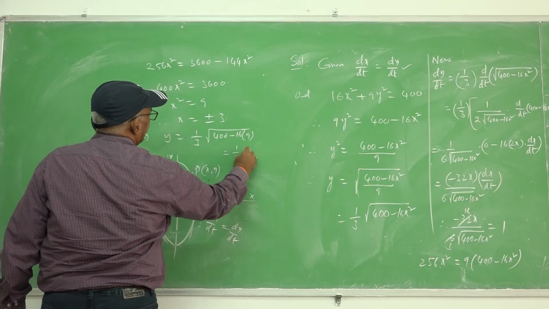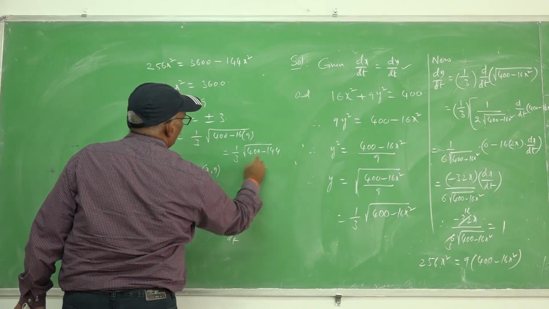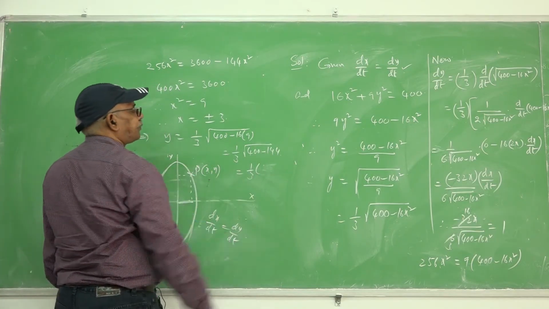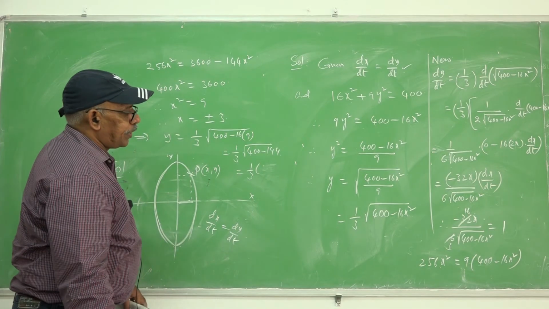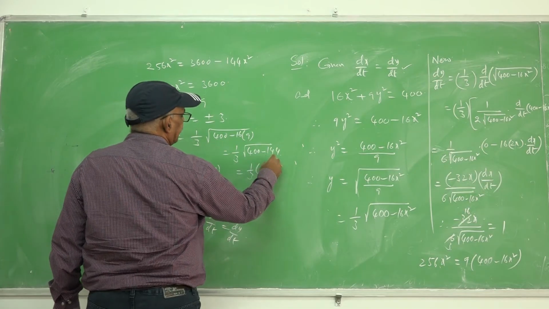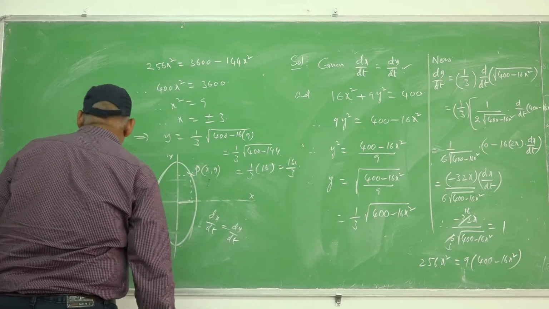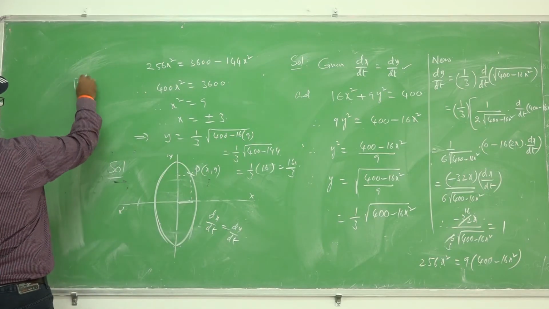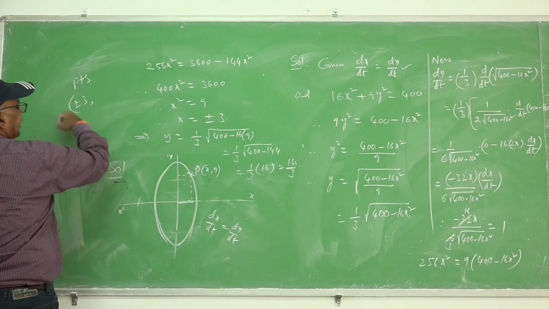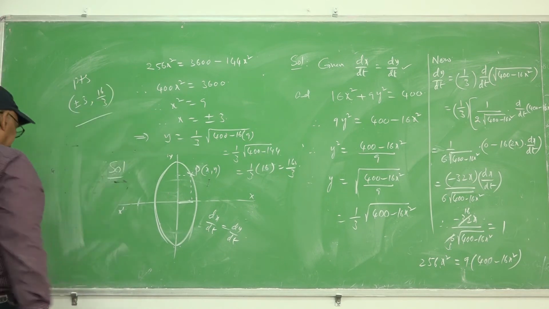So 1 by 3 into 400 minus this is 144, that is 1 by 3 into 256 under root. 256 under root is 16, that is 16 by 3. So the required points are given by plus or minus 3 comma 16 by 3.